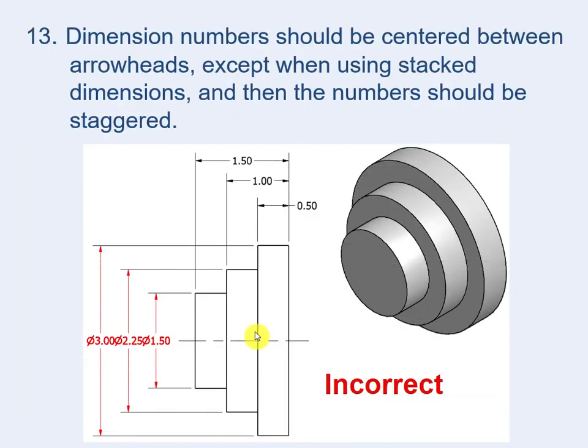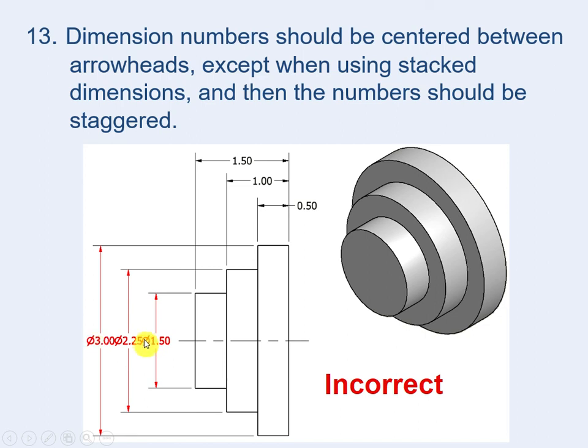Dimension numbers should be centered between arrowheads, except when you are using stacked dimensions, as in this example, guys. We have a cylinder, larger cylinder, larger cylinder. From the side view, you can see rectangle number 1, 2, 3. So we will put dimensions, the diameter of the first one, the diameter of the second one, the diameter of the third one, as you see. Now, these are stacked dimensions, so it's very difficult to read them.